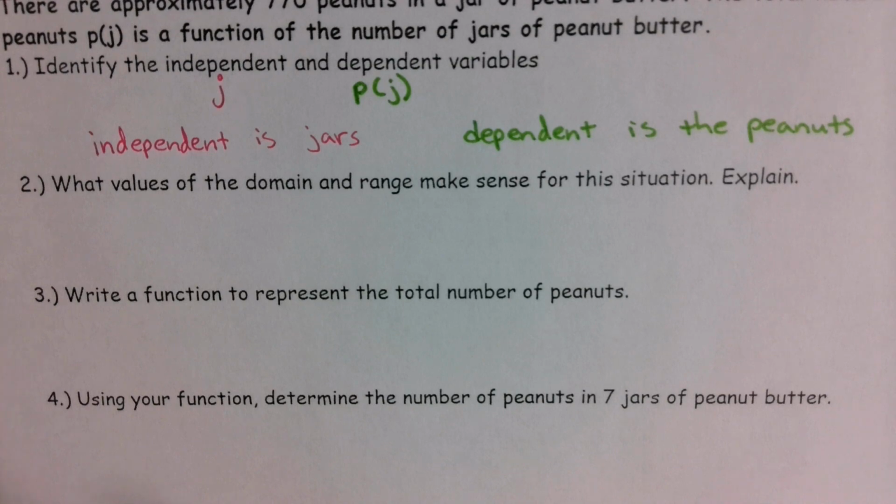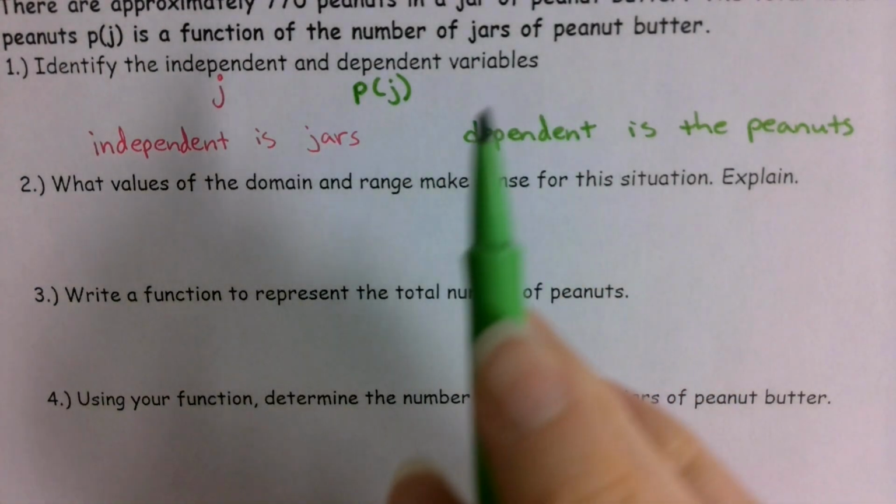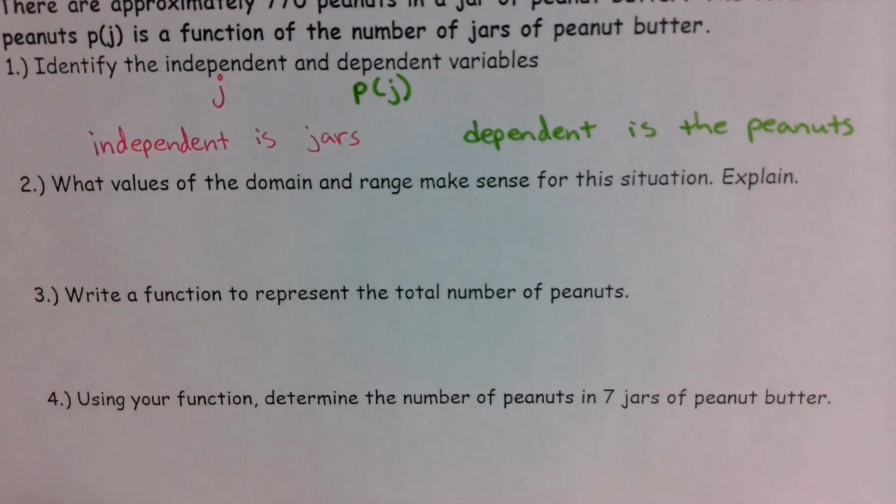So what values of domain and range are going to make sense for the situation? The types of values. So asking yourself this, jars, the number of jars. Can I have negative amount of jars? No. Can I have fraction jars? No. Can I have decimal jars? No. So rational numbers, not going to work. Integers, not going to work. Only thing that's going to work is whole numbers.